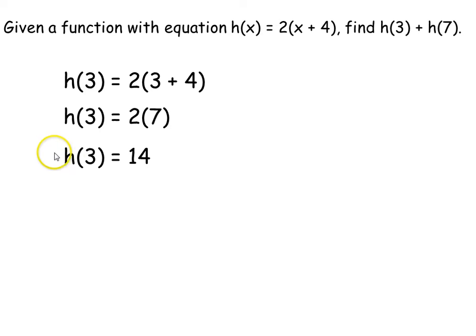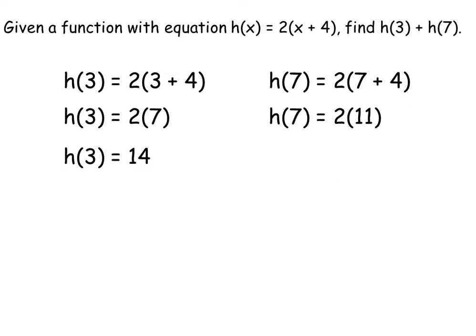So I have h of 3, now I'm going to find h of 7. h of 7 is equal to 2 times the quantity 7 plus 4. Order of operations, adding the 7 and the 4 together, I get 11. h of 7 equals 2 times 11, therefore h of 7 is equal to 22.